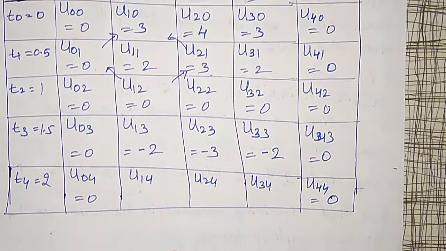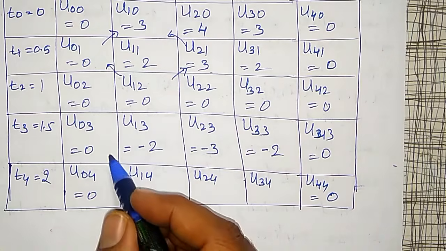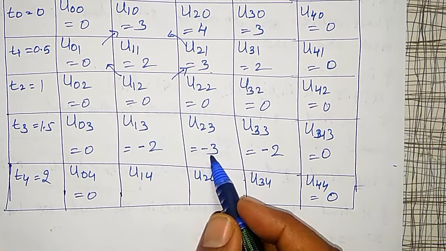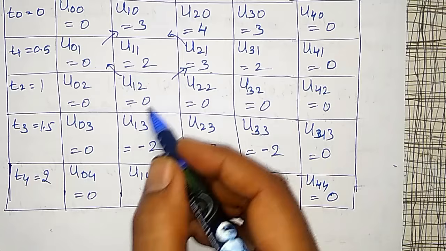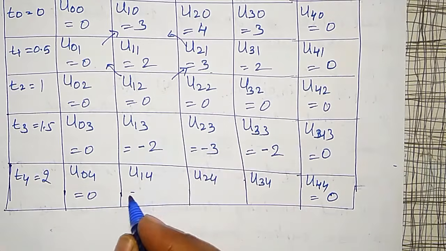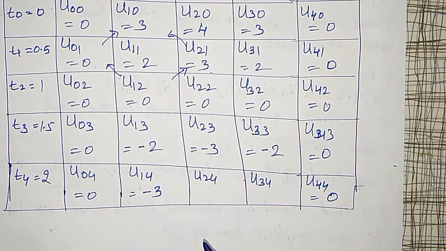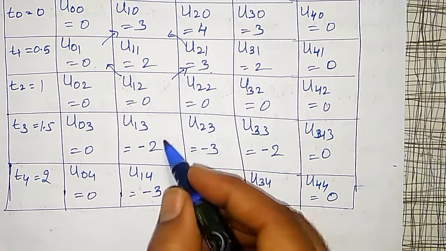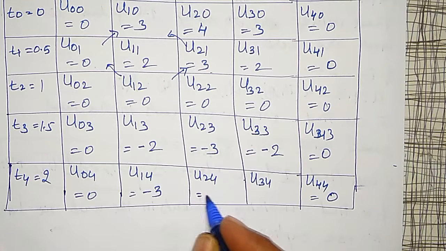Then to find out this u14, diagonal element 0 plus u23, that is 0 plus minus 3, and this is again 0, that is equal to minus 3. To find out u24, minus 2 minus 4, and the diagonal element of this is 0, that is equal to minus 4.